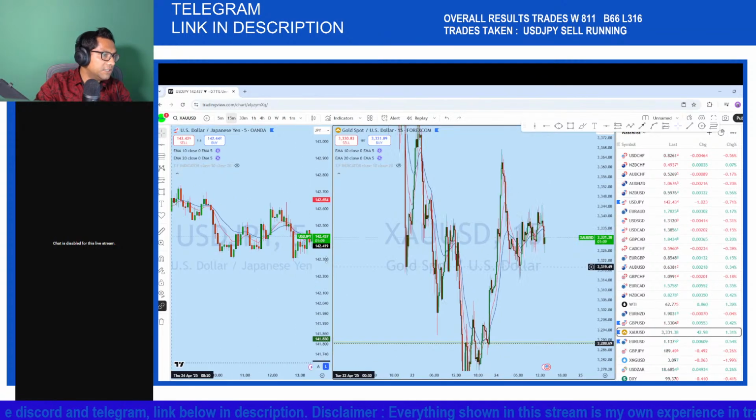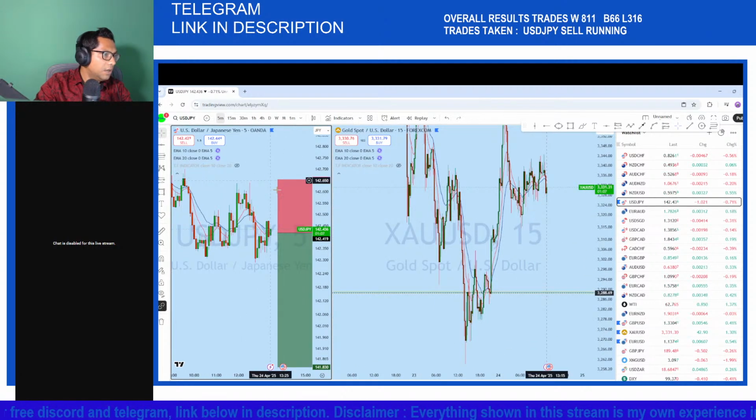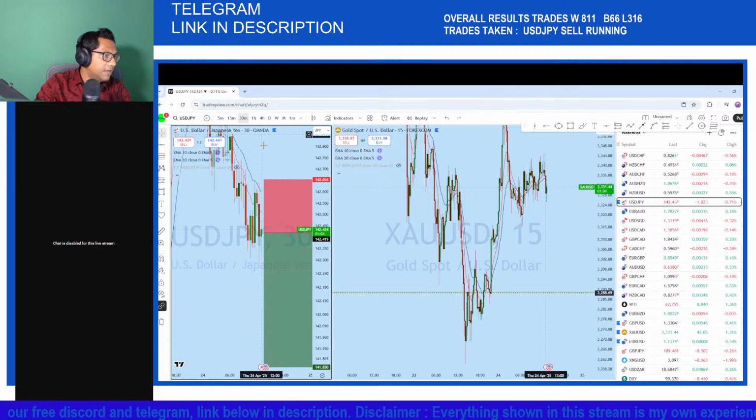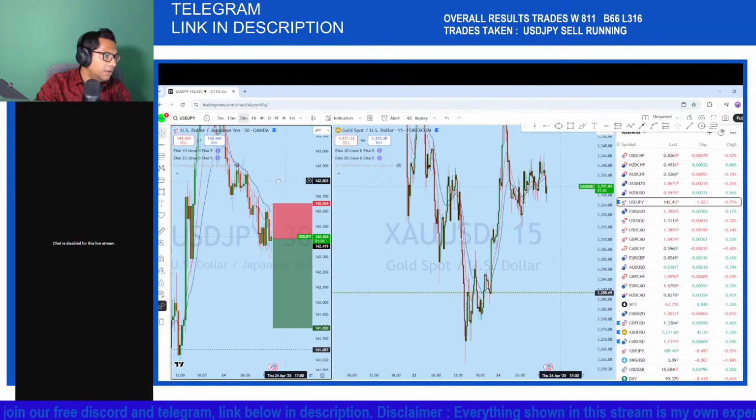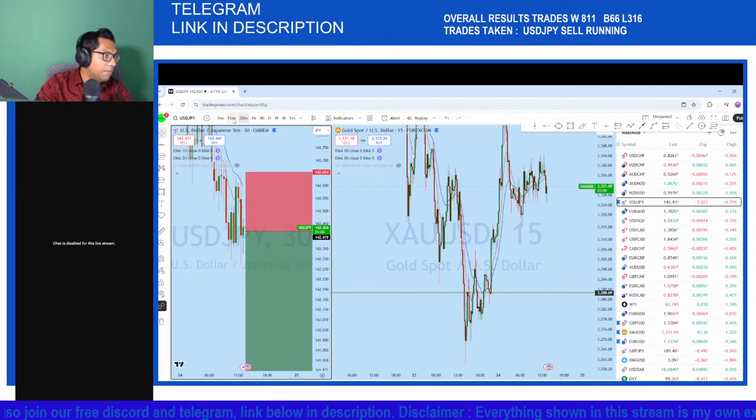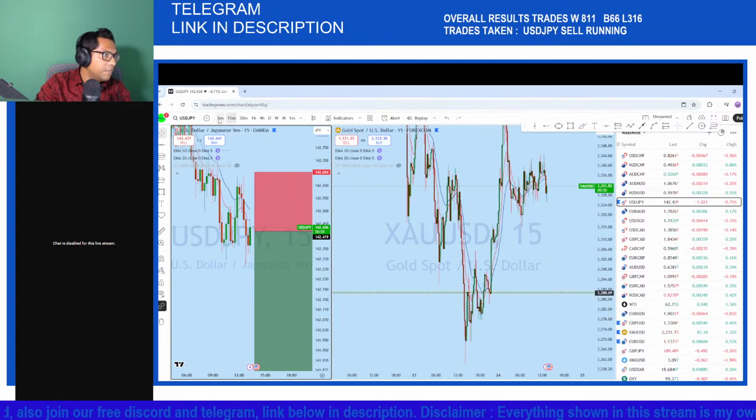So here we can see a little consolidation on dollar yen, and that consolidation might lead the price back to the downside here.